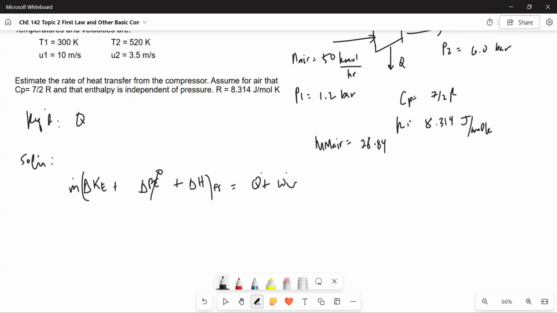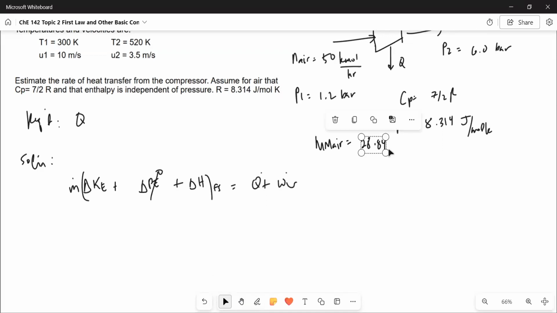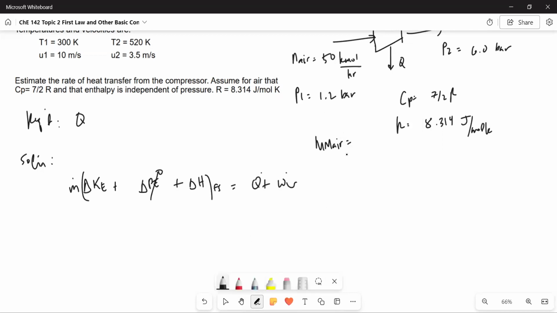Okay, hold on. I will check first the molar mass of air. Okay, I think it's better to use 28.96, based on the literature.